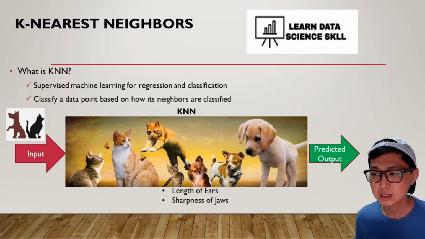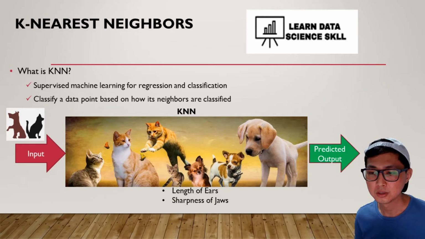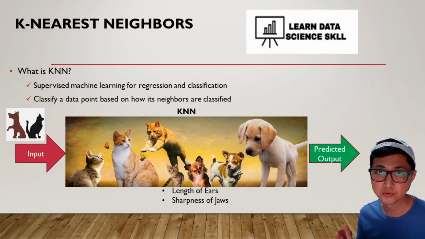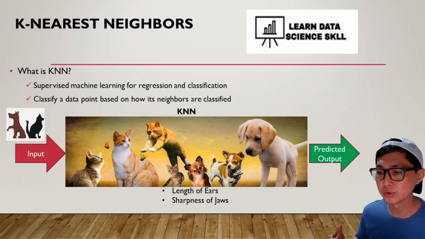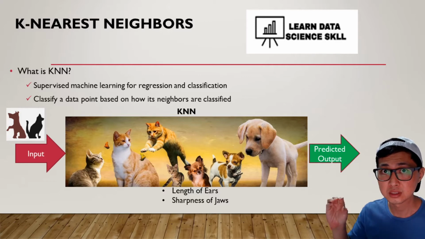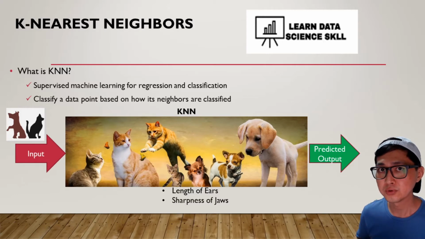So if you look at the example here that I have in my presentation slide, if you have a data set which says that for certain length of ears and certain sharpness of jaw is a cat or a dog, you can actually give it to the K-nearest neighbor algorithm, and then it's going to take this data set as a reference and also learn from it, and then whenever you give a new input to the algorithm, it's going to base on the attributes, and then it is going to search for the neighbors of this new unknown data point, and then it's going to give you an output of whether this is a cat or dog.